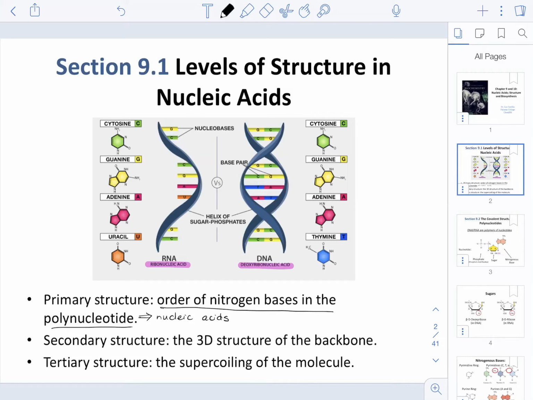The nitrogen bases that are present in DNA and RNA are the following. The nitrogen bases in RNA include cytosine, guanine, adenine, and uracil.